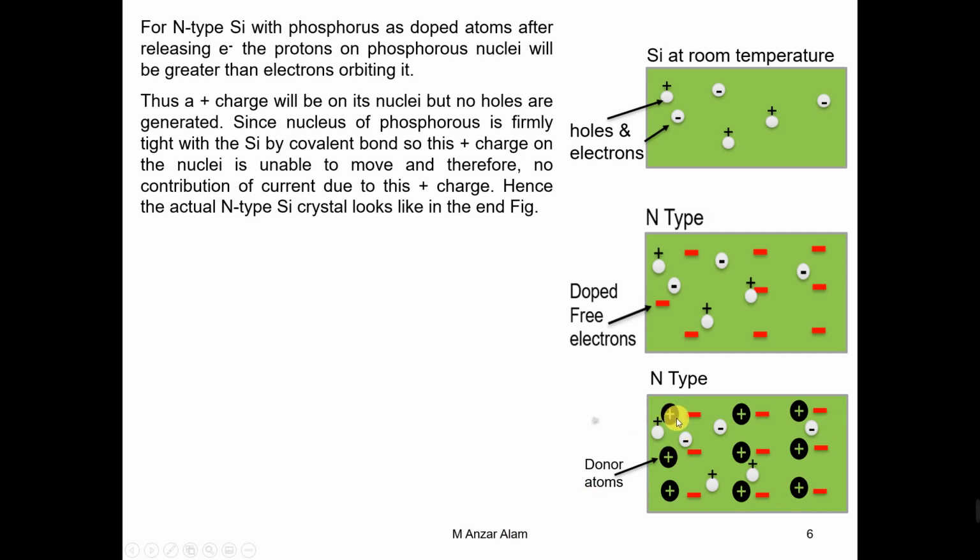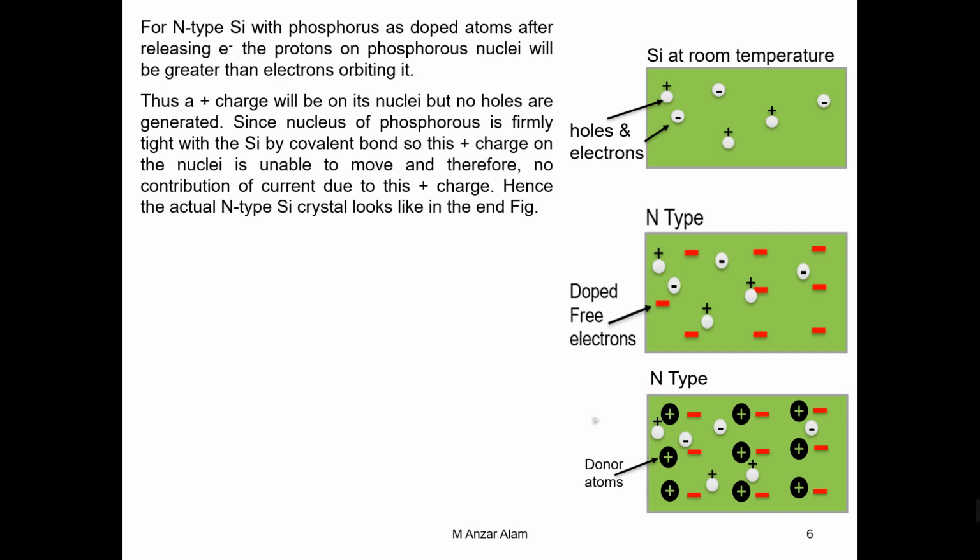But this phosphorus atom is still making covalent bonds with the neighboring silicon atoms. So this atom as a whole is charged with a positive sign, but this atom is large enough, while the electron is of very small size, and this phosphorus atom is firmly bonded with its neighboring silicon atoms. So this cannot be moved.